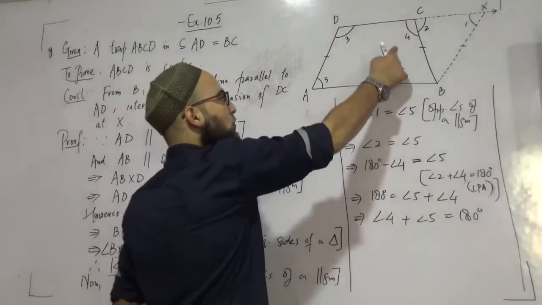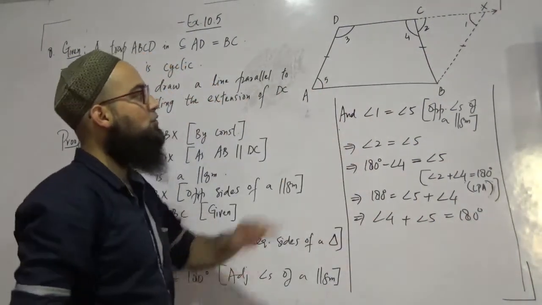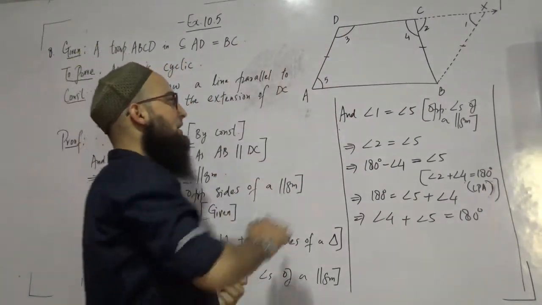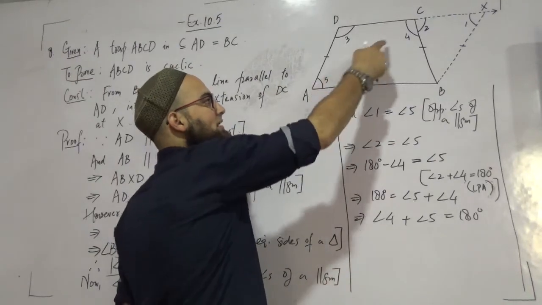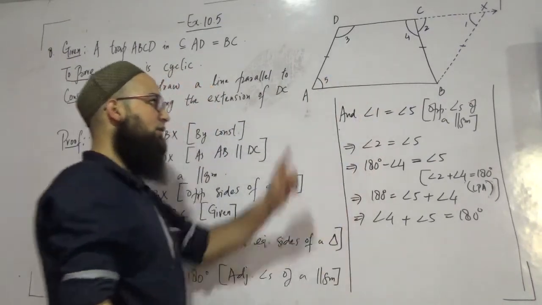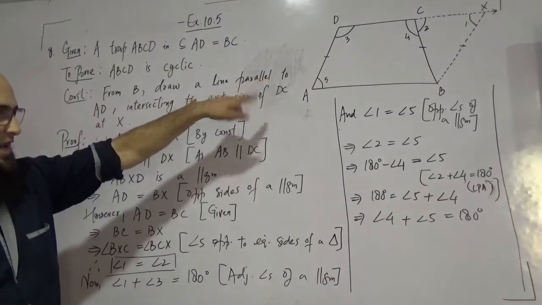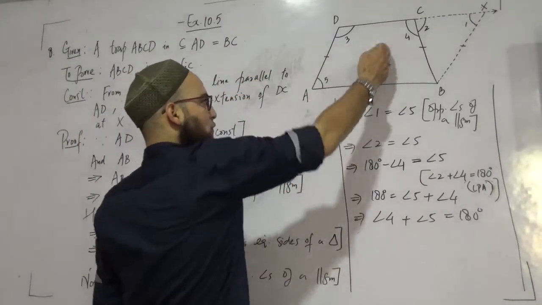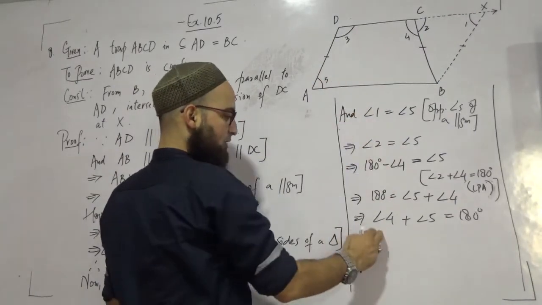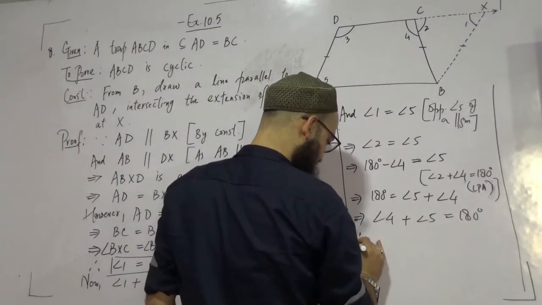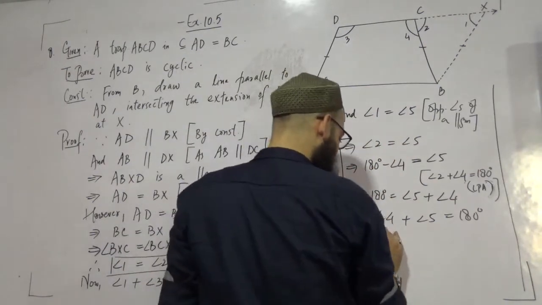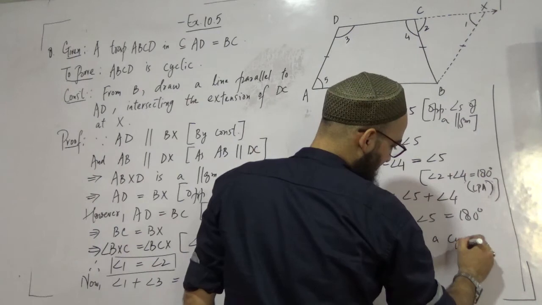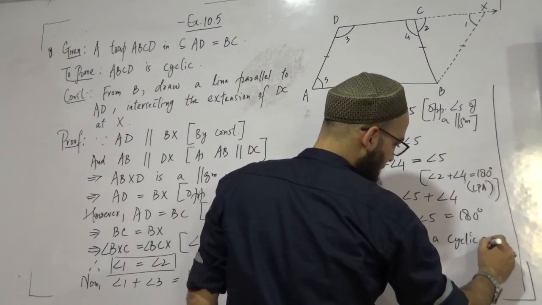Now angle 4 plus angle 5. These are the opposite angles of our previous ABCD. I just told you that if you are able to prove that one pair of opposite angles of a quadrilateral is supplementary, that means it's a cyclic quadrilateral. So 4 plus 5 is 180 degrees. Therefore, ABCD is a cyclic quadrilateral.